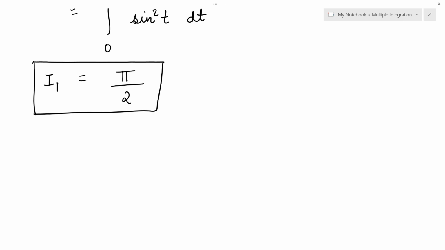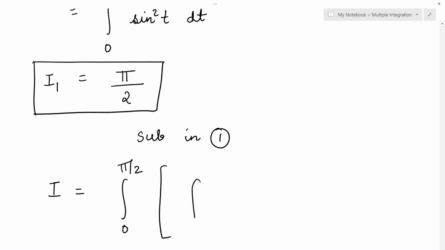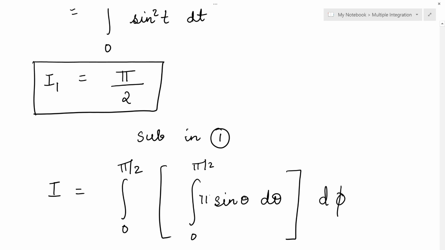Now this answer I will substitute in I. If I substitute, my integration will be converted into a double integration, and I guess you can do that double integration orally also. So you will be left with 0 to pi by 2, and inside you have sine theta d theta d phi, and pi by 2 is the answer that you have got.